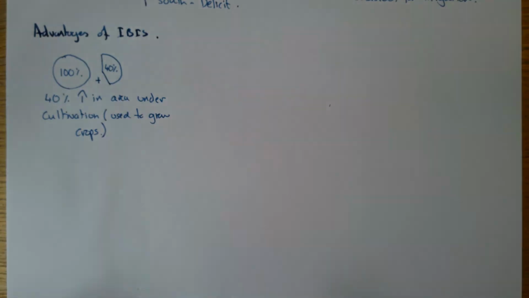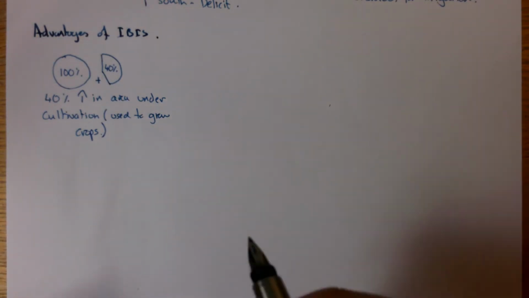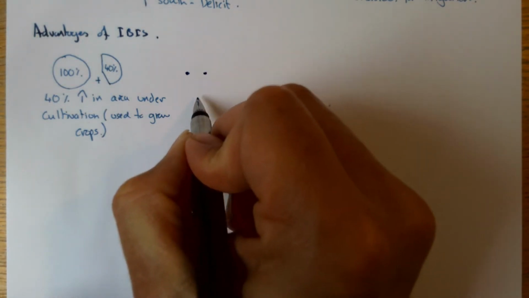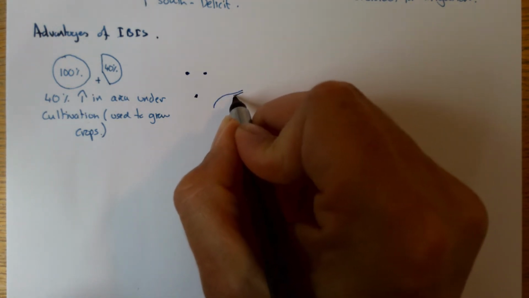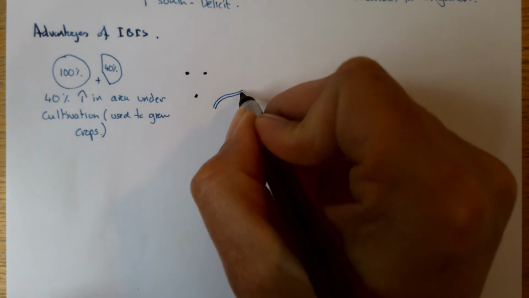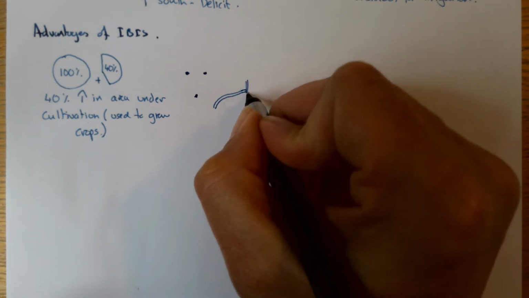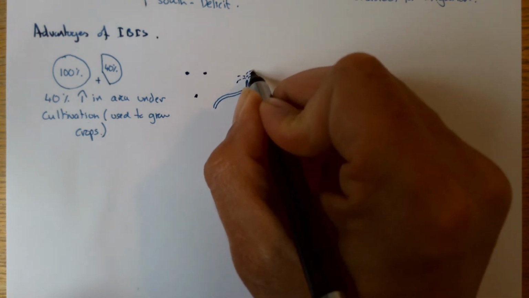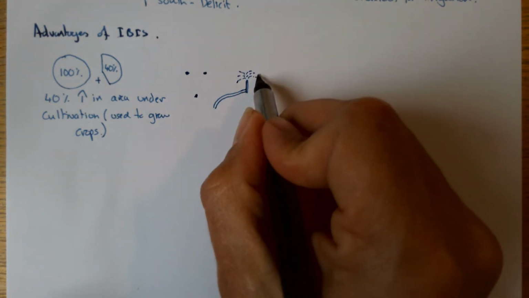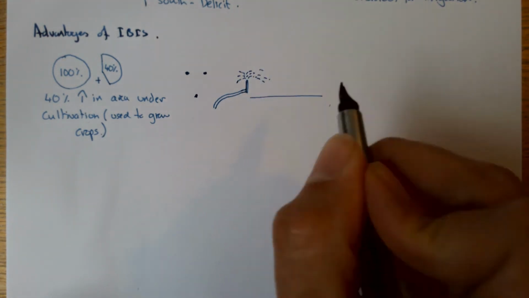Why was there this large increase in area under cultivation? It is because of irrigation. So all of those canals and dams that we just spoke about allow sprinklers, hose pipes, buckets to be used to irrigate the land.